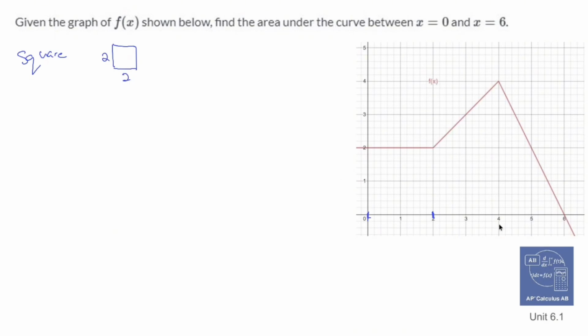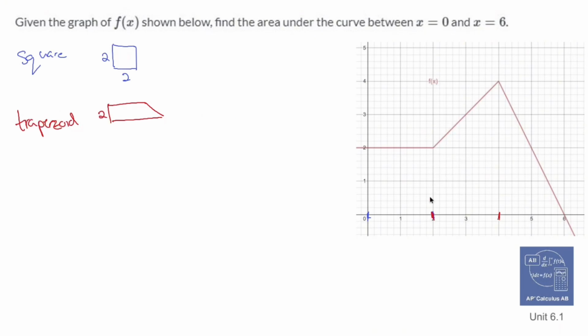If I go from 2 to 4, it looks like I have a trapezoid. And what I'll do is tilt it to the side so it looks like this. Where that part represents that part. And this part is going to be from 2 to 4.